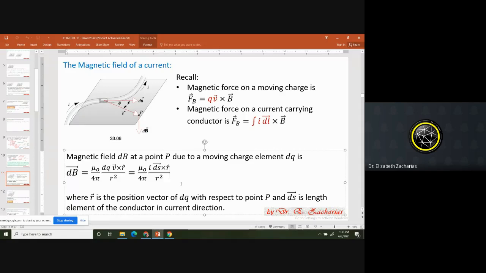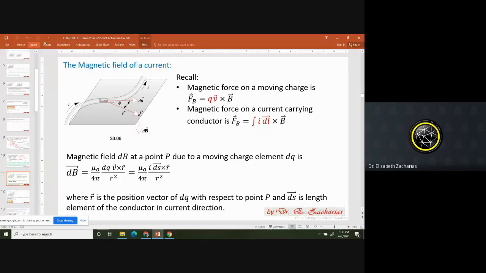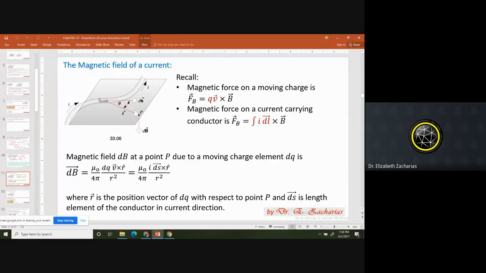So this is the magnetic field at the point P because of that current in the small length element ds. What will be the direction of dB? The direction of dB is given by the direction of the cross product V cross R. If this is the direction in which the charge is moving, this is the direction of the velocity vector also.